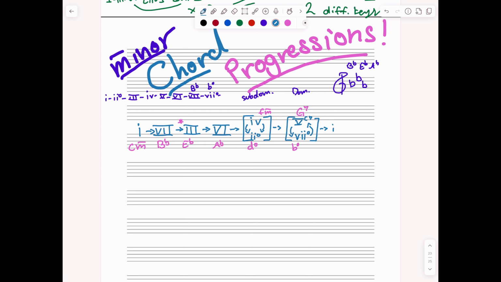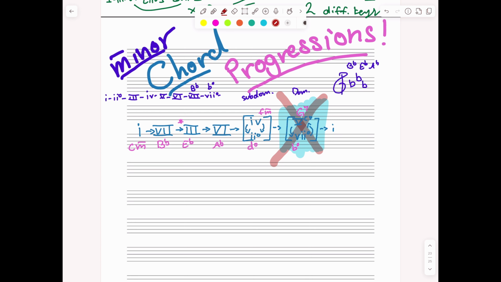Okay, something about the dominant bracket. This whole bracket right here, this doesn't exist in minor. There is no dominant in minor. I mean, technically, if we're in C minor, like G minor is the dominant, but it's not the strong dominant. It's not the major dominant. And there certainly isn't a 7 diminished. So the whole dominant bracket doesn't even exist in minor, but we force it to be there by changing the root.